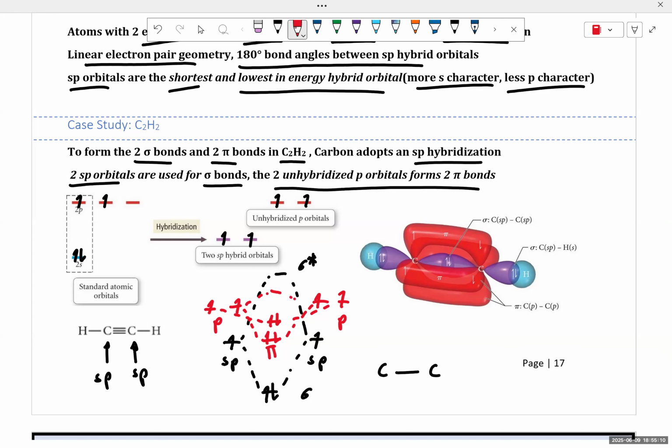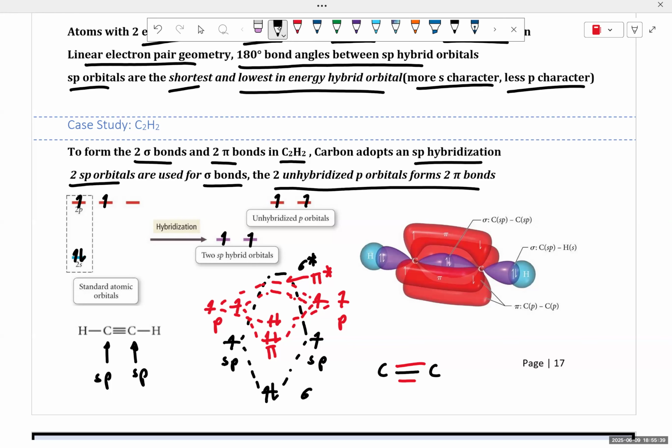Additionally, we end up making some pi star antibonding molecular orbitals as well, but those are much less important. The key thing I want you to take away from this is that we're able to form a single bond between the two carbon atoms, and then the double and triple bond is formed via the overlap of these unhybridized p orbitals.